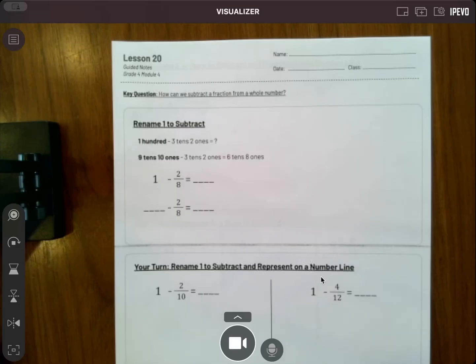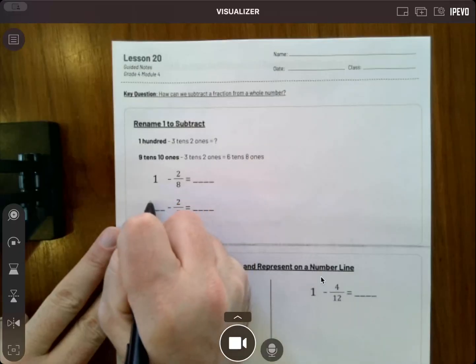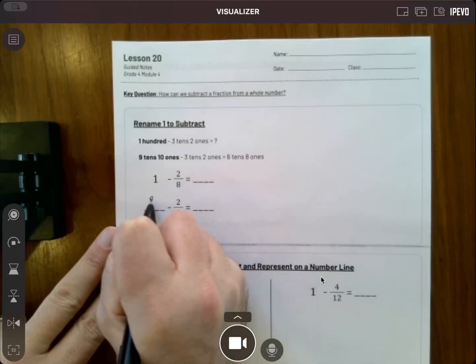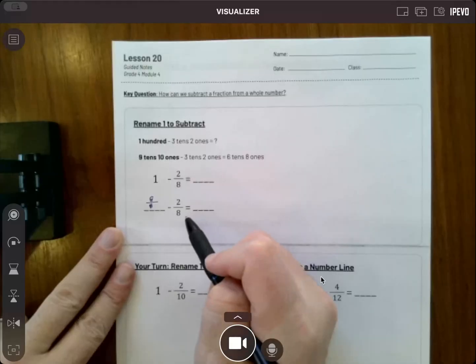We can change our whole number 1 into eighths because we know that 1 is equivalent to 8/8. So we could say that 1 is equivalent to 8/8, and then we can subtract.